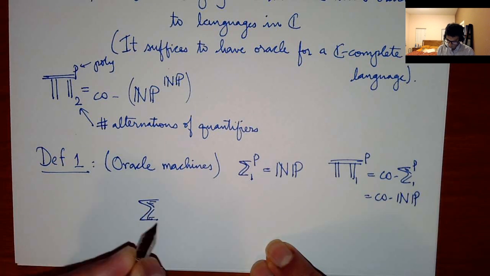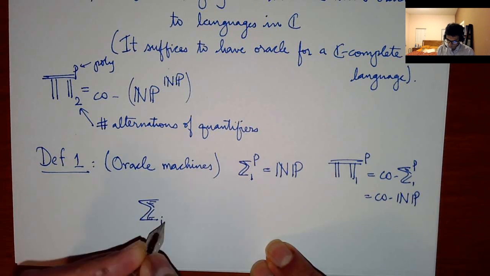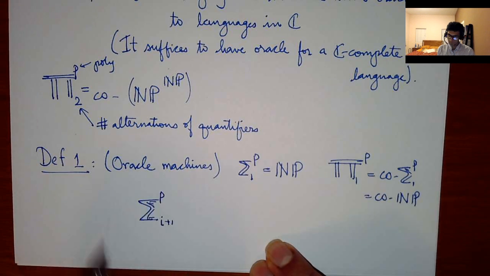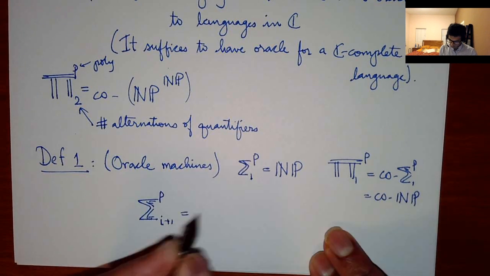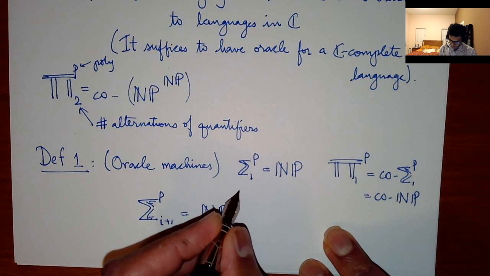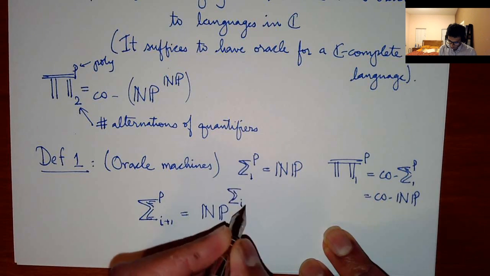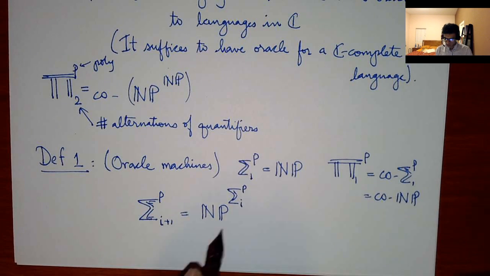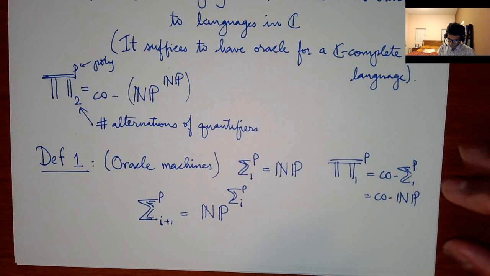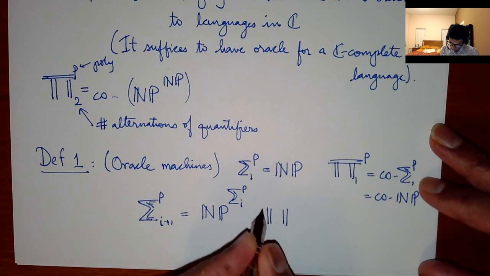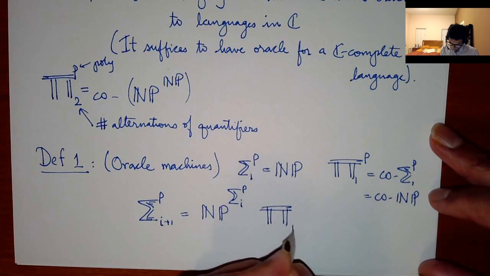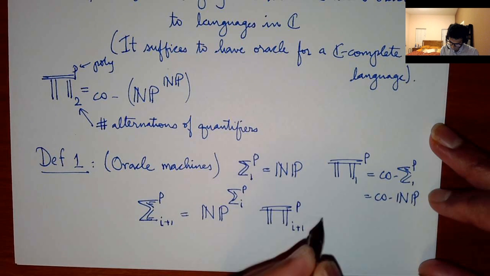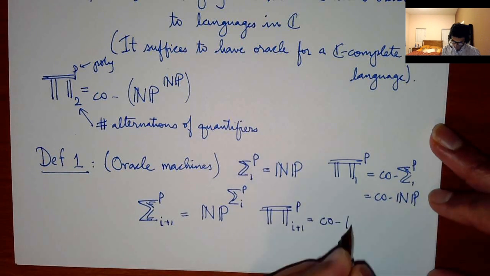Sigma I plus 1 of P is an NP machine that has access to a sigma I machine. So it's an NP machine with Oracle access to a sigma I machine, that's sigma I plus 1. And then, of course, pi I plus 1 is just co of sigma I plus 1.